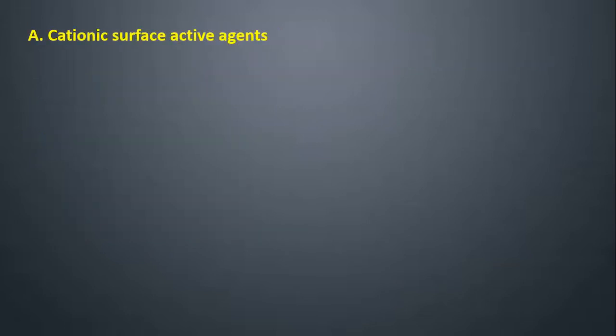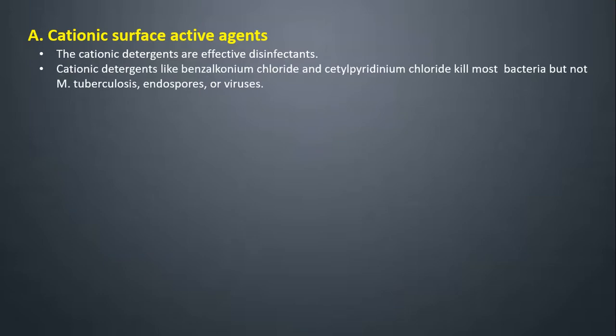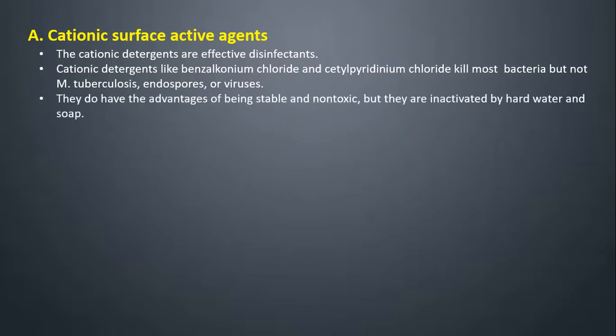Cationic surface active agents. The cationic detergents are effective disinfectants. Cationic detergents like benzalkonium chloride and cetylpyridinium chloride kill most bacteria, but not M. tuberculosis, endospores, or viruses. They do have the advantages of being stable and non-toxic, but they are inactivated by hard water and soap.